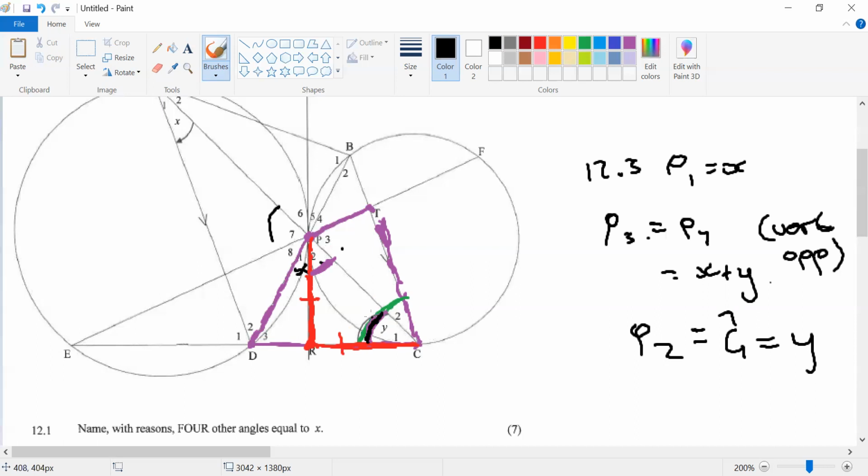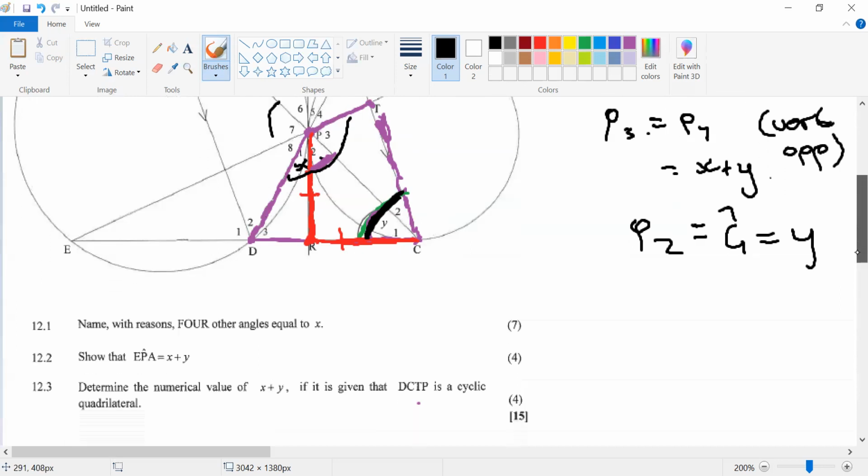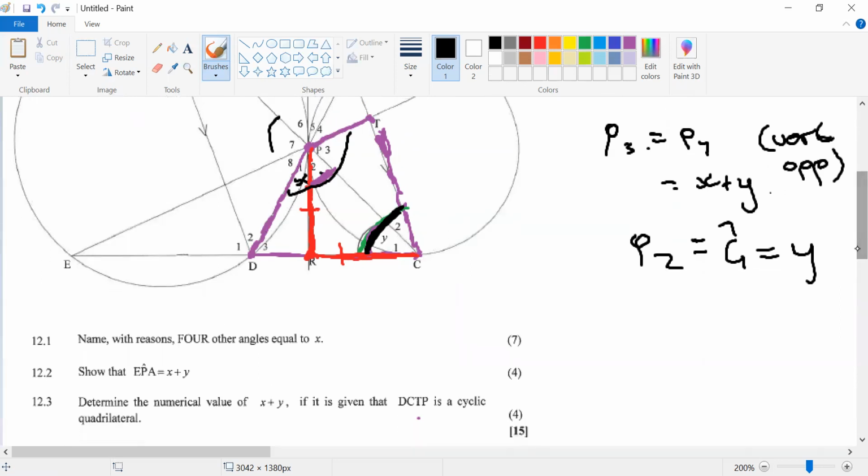So now I have all the angles up here that I needed to calculate. And I already know all the angles down here because I know that this is x plus y. One thing I know is that they've already told me that this purple shape is a cyclic quadrilateral. That means that I can use everything linking the angles within the cyclic quadrilateral. And what links both of these is opposite angles in a cyclic quadrilateral.